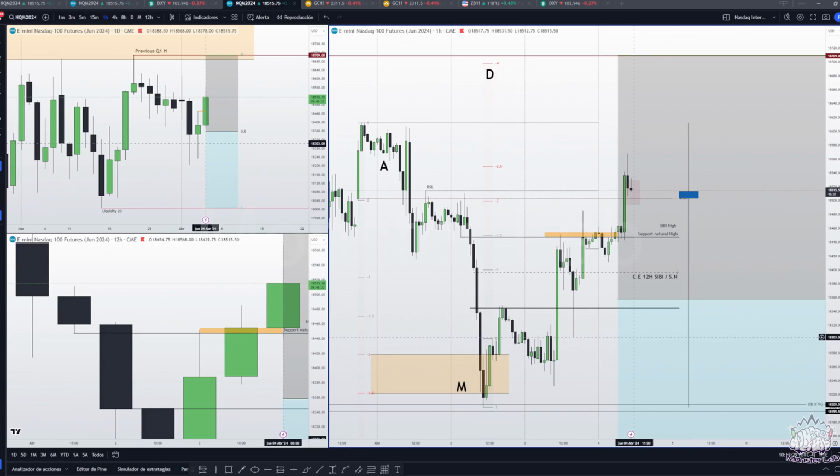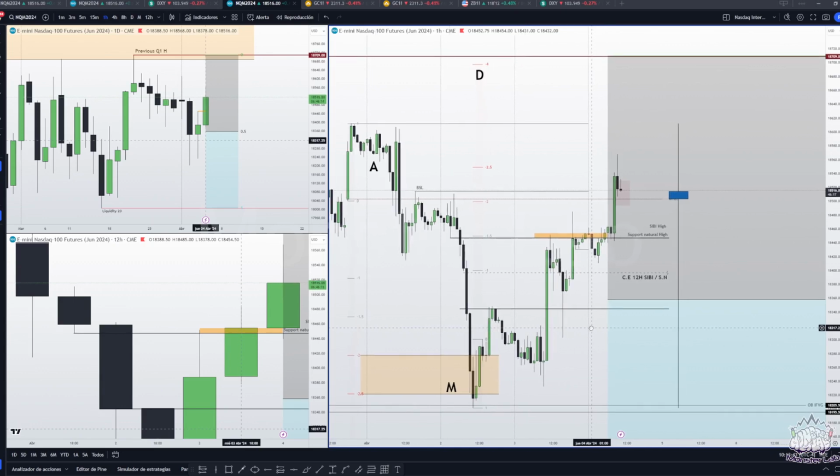I will expect one continuation to one internal liquidity, but remember today is one day before NFP, so typically it's for accumulation, but if price continues in the 1 hour, you can see here the monthly open plus 1 BC.